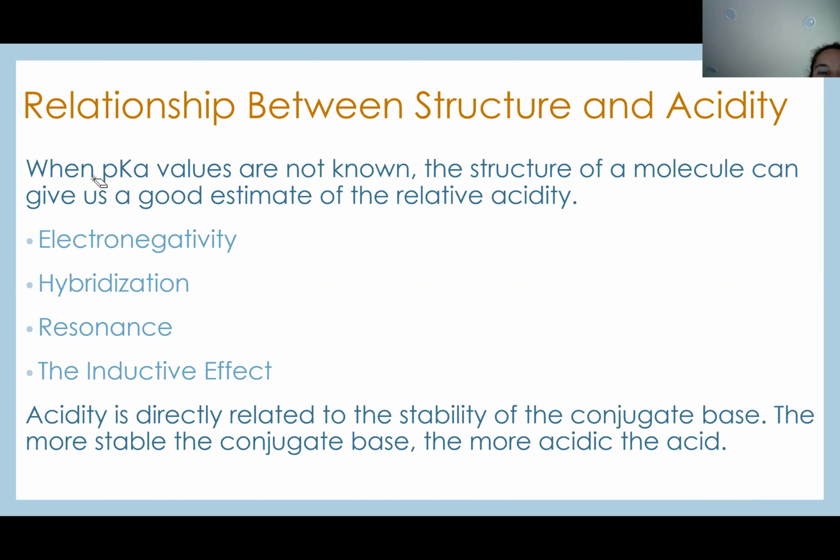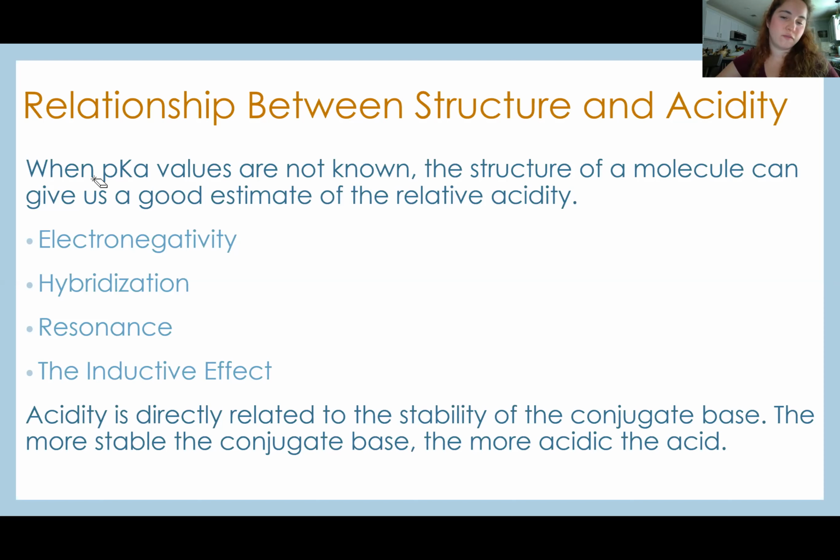Okay, so this brings us to the relationship between structure and acidity, because these numbers, they're not arbitrary, right? These differences in acidity have to come from somewhere. A lot of times you guys are going to be given compounds where you don't have the pKa value memorized, but you can compare it to other compounds that you do know, and you can compare the structures of several molecules in order to give you an estimate of the relative acidity.